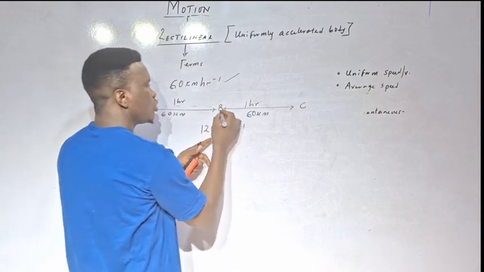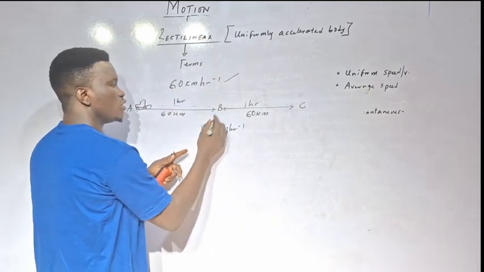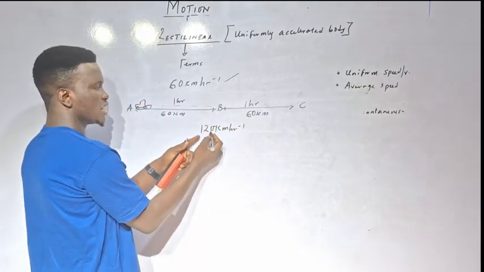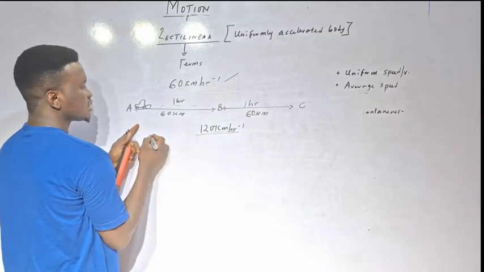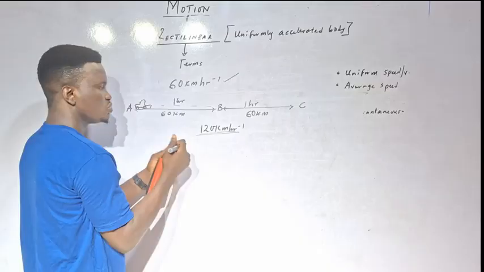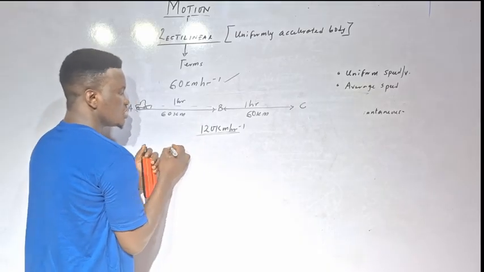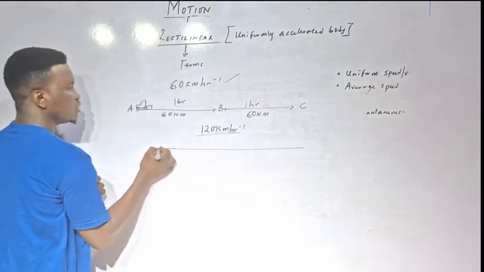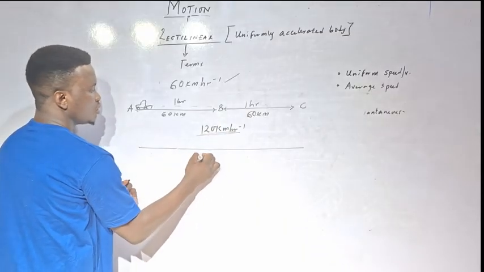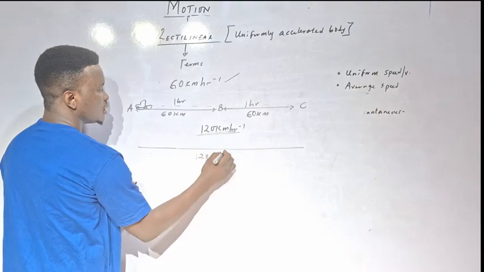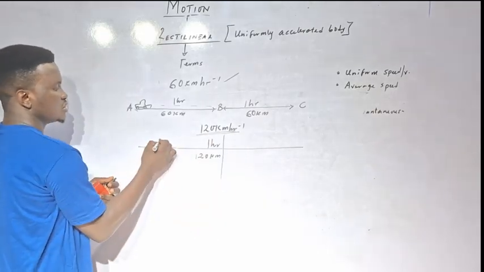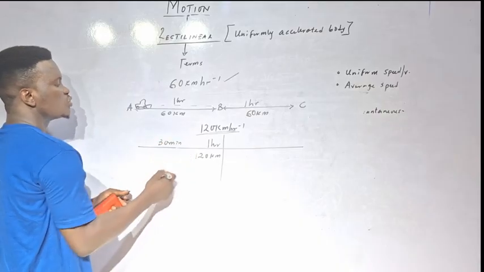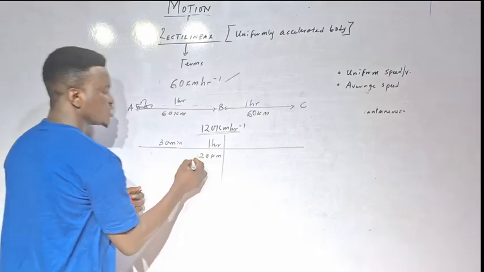Because at 120 kilometers per hour, it will cover 120 kilometers, that's 60 plus 60, in 1 hour. That means if it will cover 60, then it will only use 30 minutes. That means it's moving very fast. So that is what has happened here.